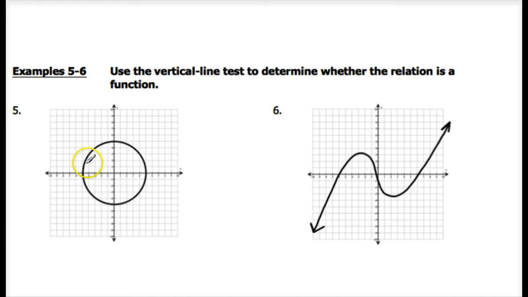You can see that there's a lot of different vertical lines to choose from. If I just draw a vertical line right here, I can see that that vertical line hits my circle in two spots. It hits it right here, and it hits it right here. Because this vertical line intersects the graph in two spots, this relation is automatically not a function.